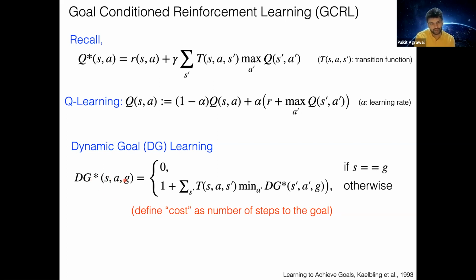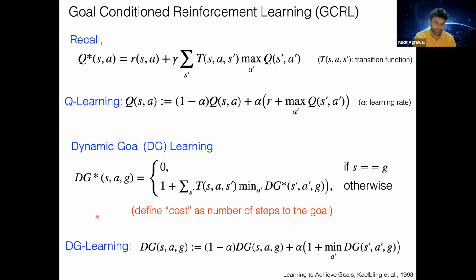So if my current state is a goal state, then my cost is 0. Otherwise, I can use the Bellman update to compute the shortest path from S to G. Think of it as my reward function being the number of steps to the goal, or the cost function, which is the negative of the reward function.